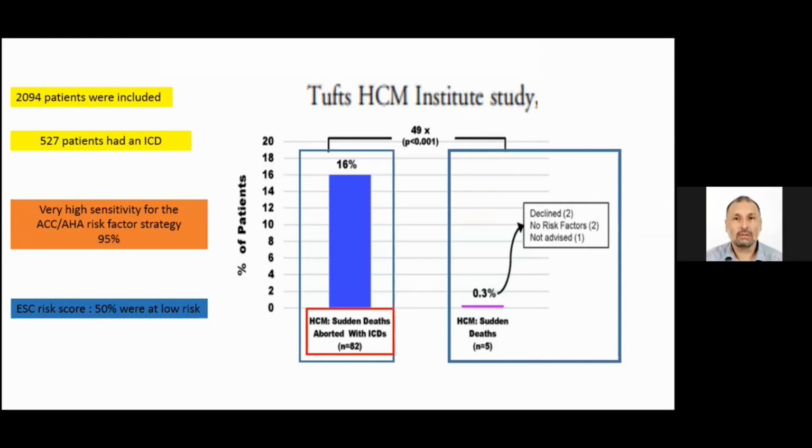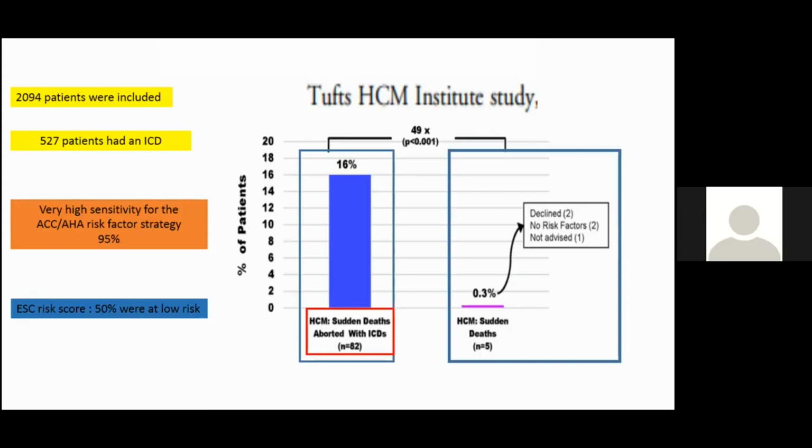Thank you. Bruce, are you satisfied with his answer? I think it was clear, no? It's clear. The sensitivity is superior for the American one, but it will have a cost. You will of course have more ICDs in HCM patients.